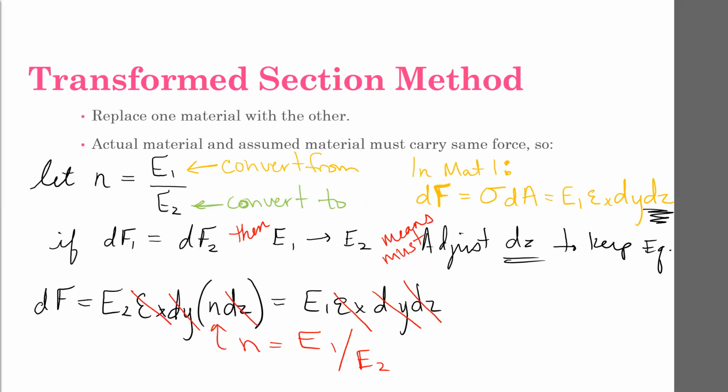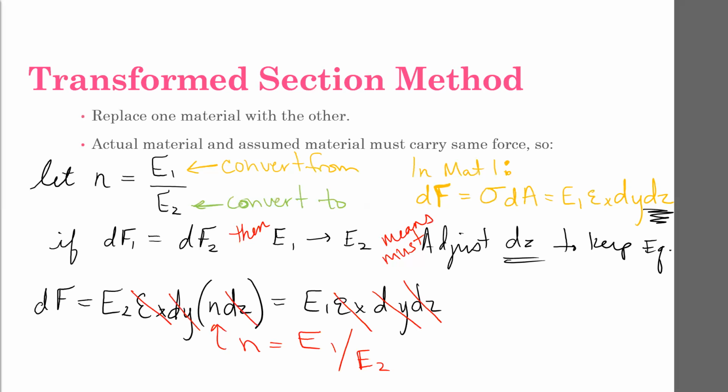Okay. So n being the ratio of E1 over E2, where E1 is the material we start with and E2 is the material we want to convert to, that is the amount by which we need to change the width.